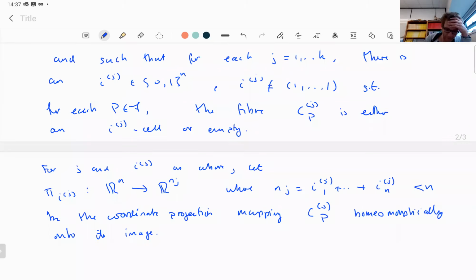Now, this projection, what does it do? It just omits some coordinates. So if you're a point of degree at most e and height at most h, then your image under this projection is going to be a point of degree at most e and height at most h.